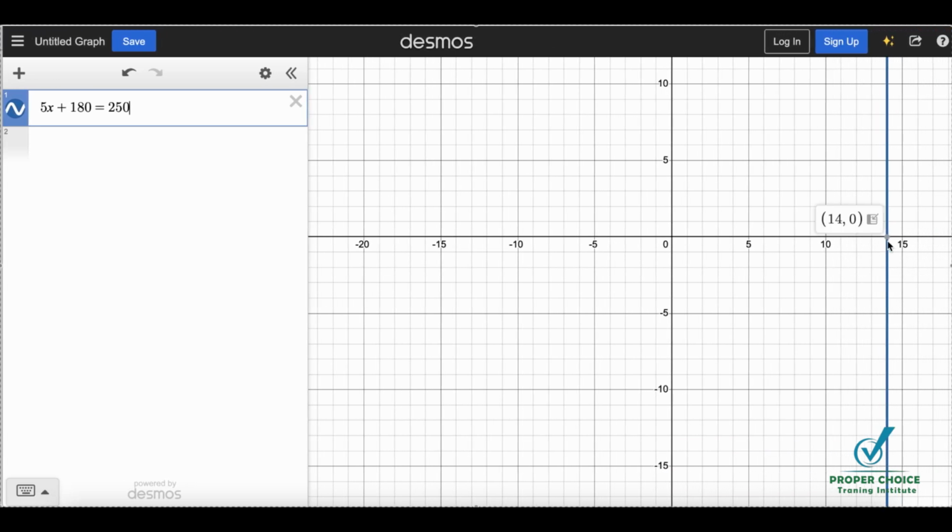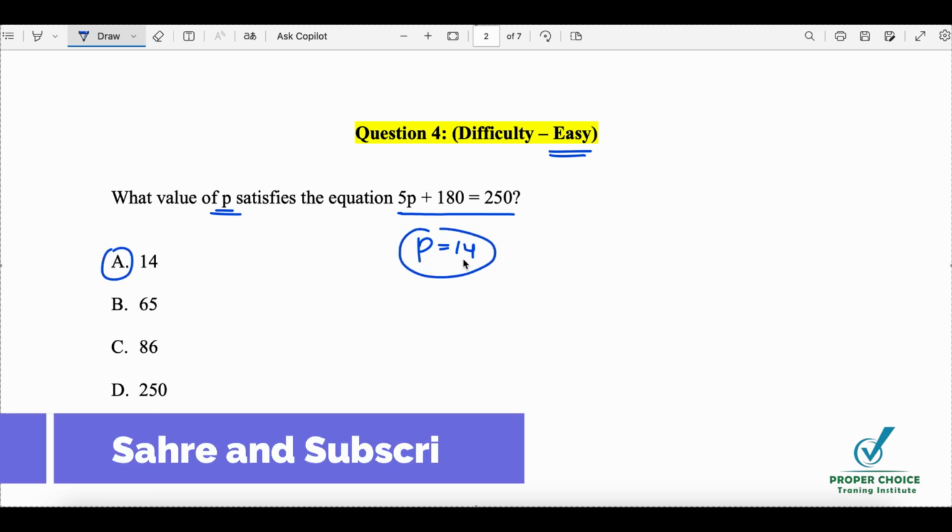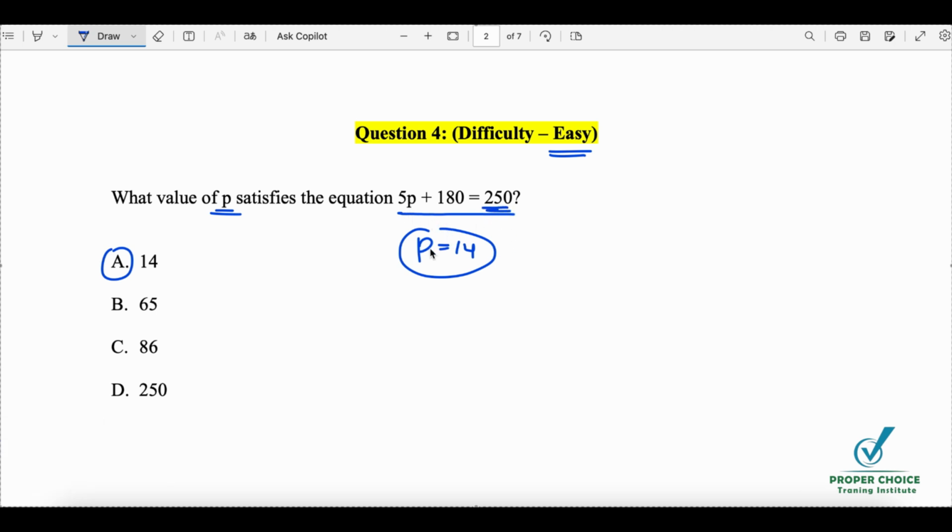What I can observe here is (14, 0), where the first value is always x. So the value of x in this case, or the value of p indirectly, is 14, for which this equation gets true. So you can substitute and check: 5 times 14 plus 180 definitely equals 250. You can cross check it, but for the exam it's not needed. Okay.